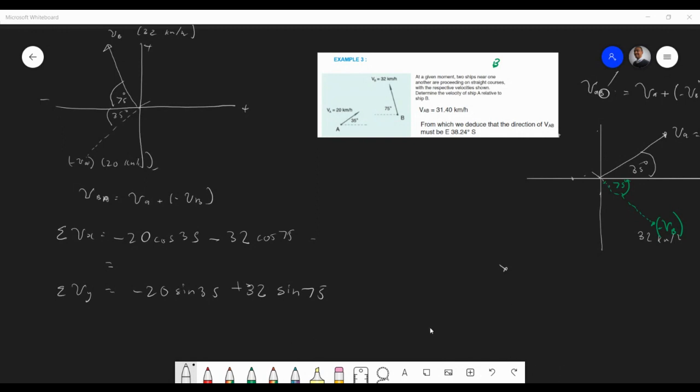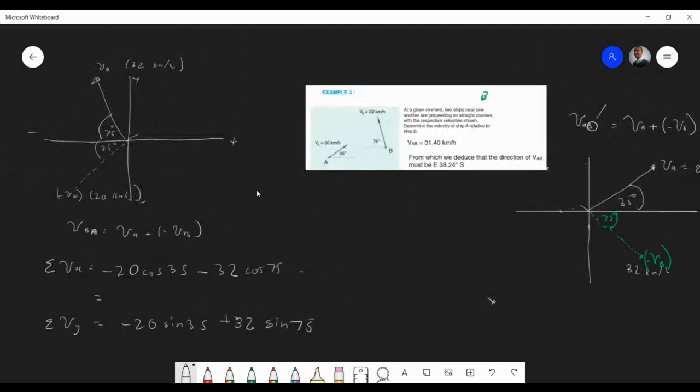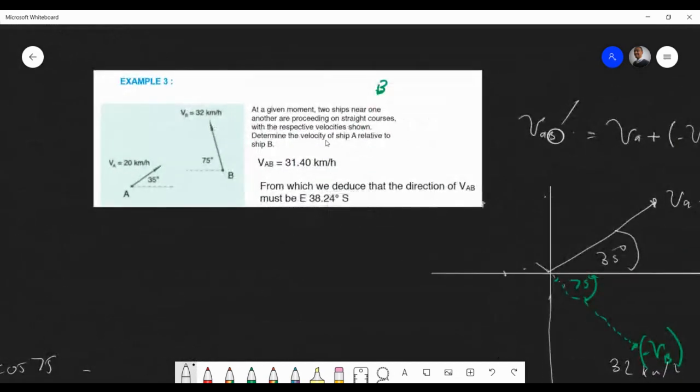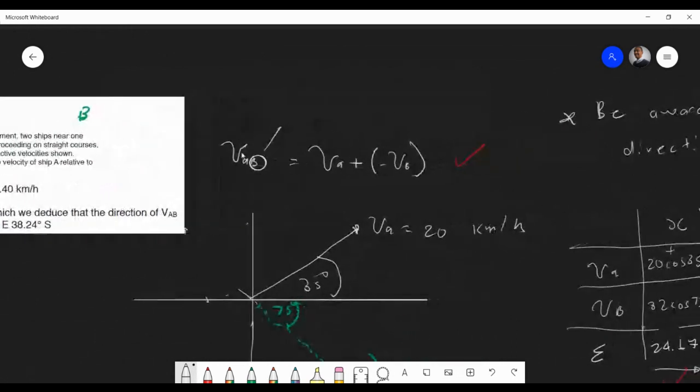Sir, can you please explain which one should be stopped, or does it matter? Yes, it does matter. In this first question, I said determine the velocity of A relative to B. So when you write it down, you say VAB, and the second subscript is the one you stop.